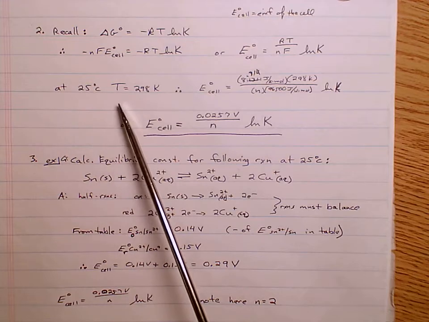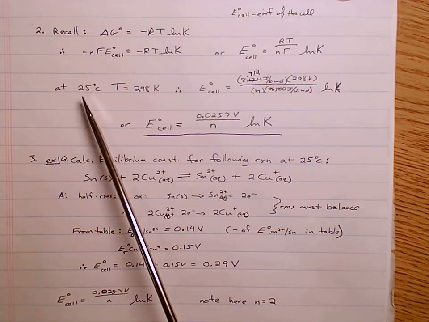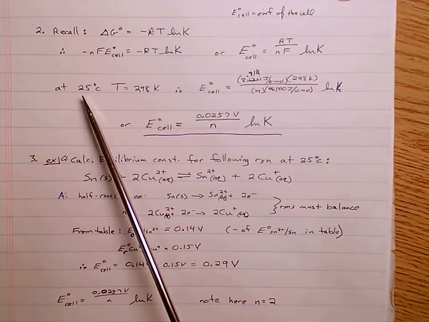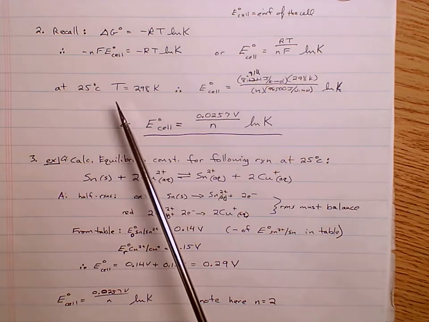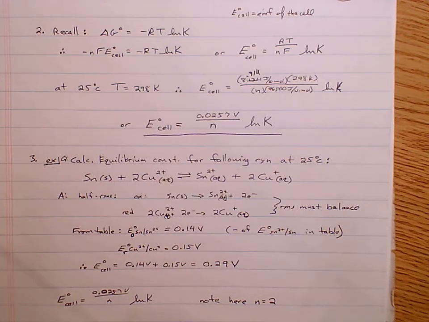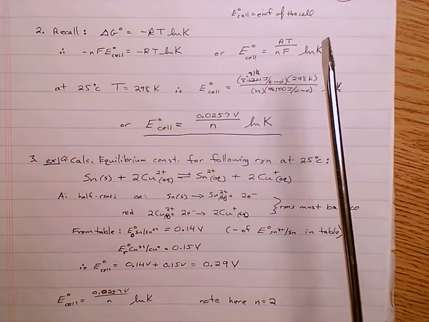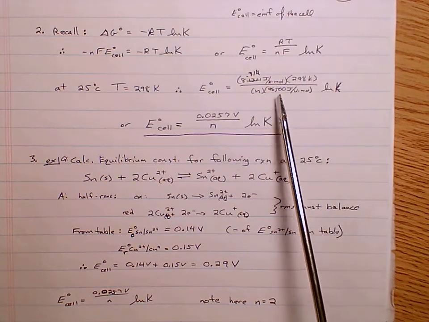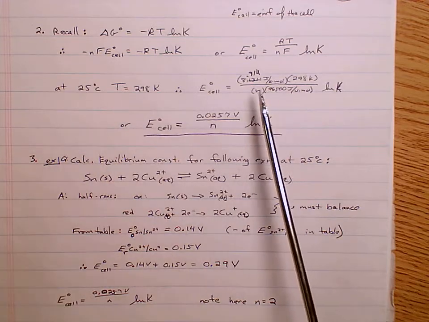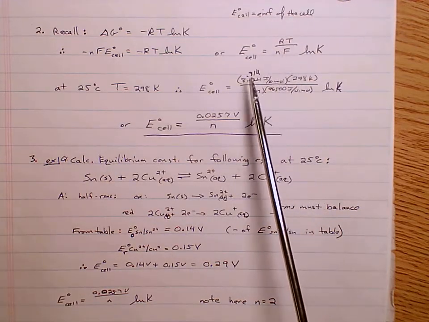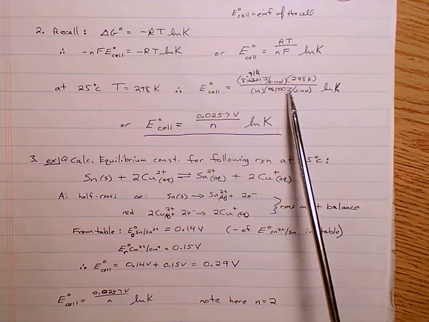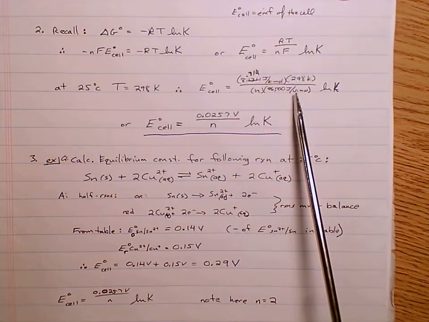Now, at standard conditions, the temperature is 25 degrees Celsius, and in Kelvin, that's 298 Kelvin. We know R is a constant, 8.314, and we know F is a constant, 96,500 joules per volt mole, so we can plug in the R, the T, and the F constants in here, and then just calculate them out.